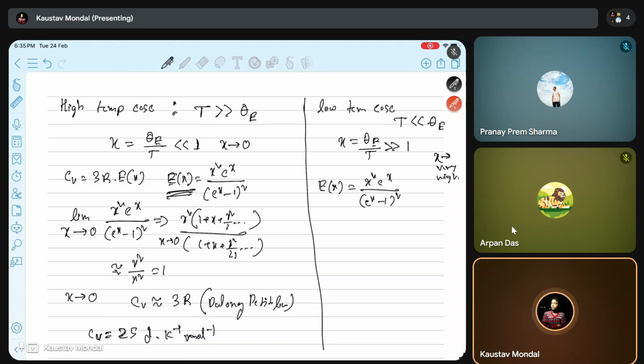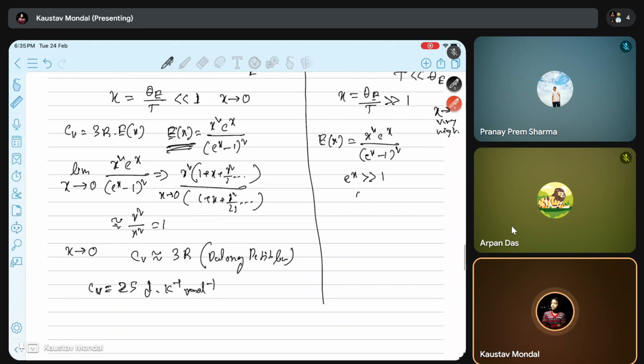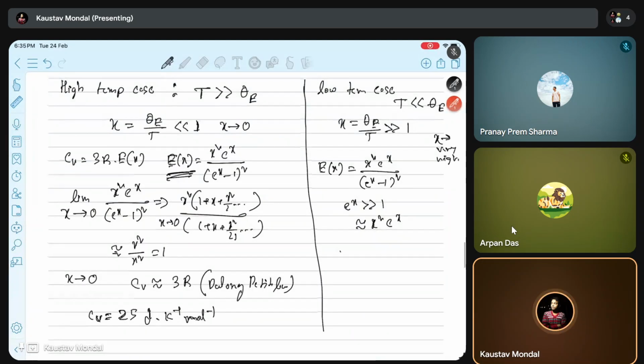Now since x is very high, e to the power x would also be very high, much higher than 1. By substituting this limit, this whole expression takes the form x square e to the power minus x. Now the CV expression will asymptotically become 3R into x square e to the power minus x.